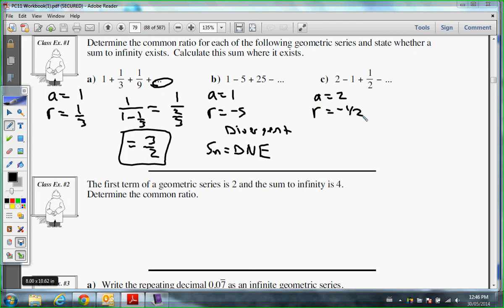So that one is convergent, so I can use the formula. I can go 2 over 1 minus -1/2. It is a minus a minus here, so make sure you make note of that. So that makes it a plus. So 2 over 3/2 gives you 4/3 when you simplify it.